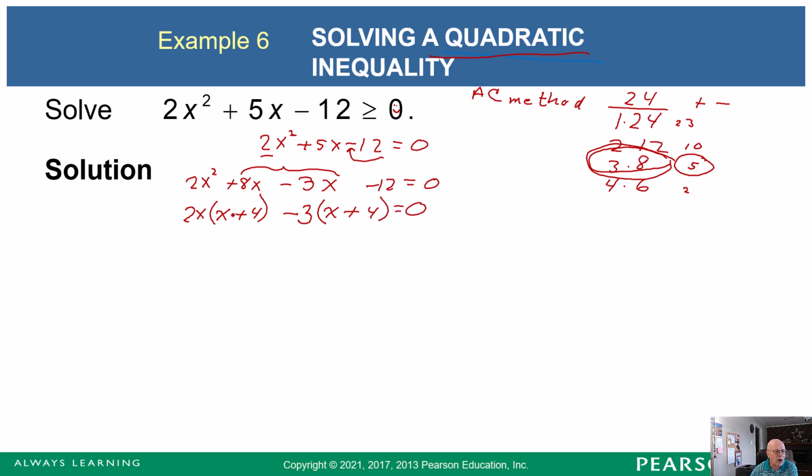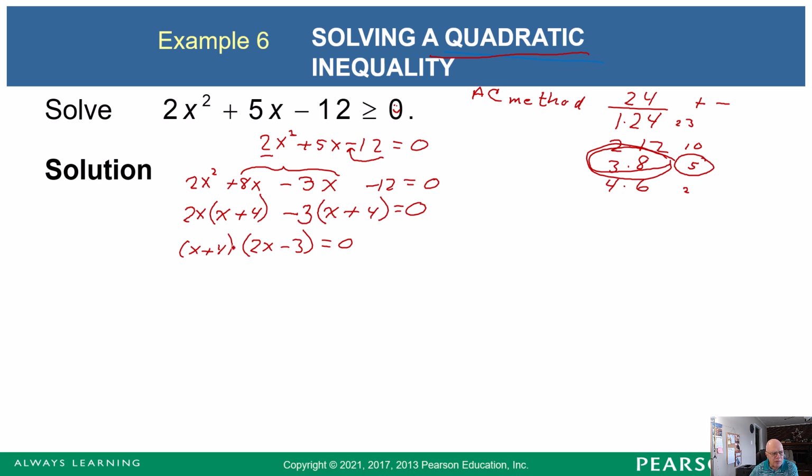Now, we've got a common factor, just like as if we had 2xa and minus 3a. X plus 4 is your common factor. If you divided both of those by x plus 4, you'd have 2x minus 3. And there you got the factorization.